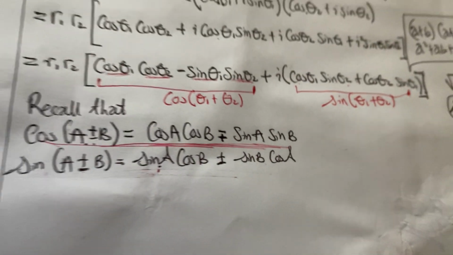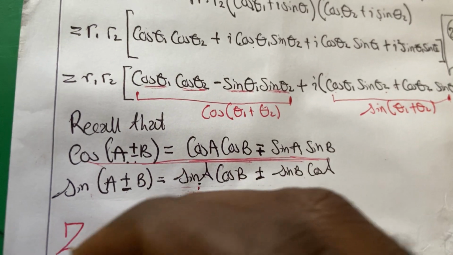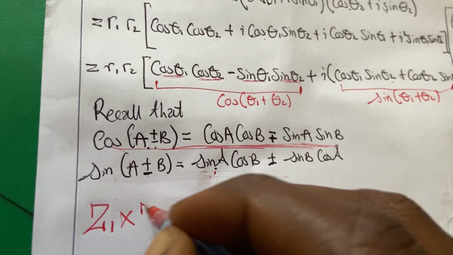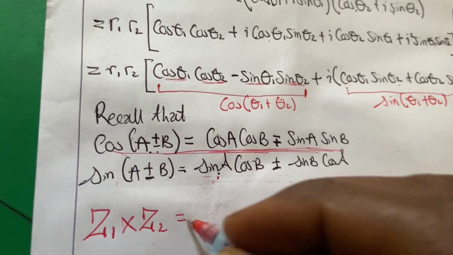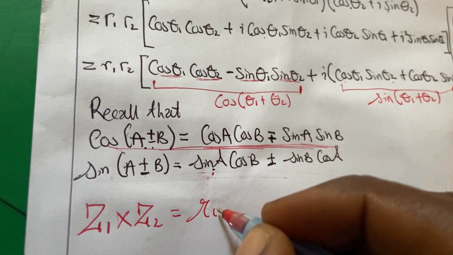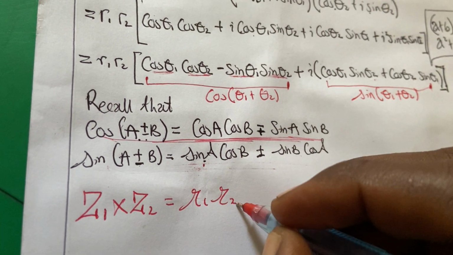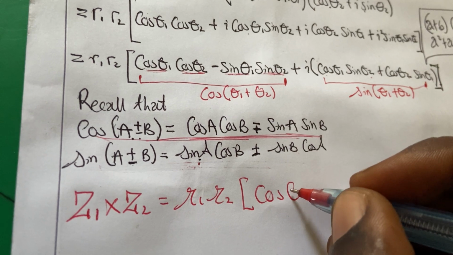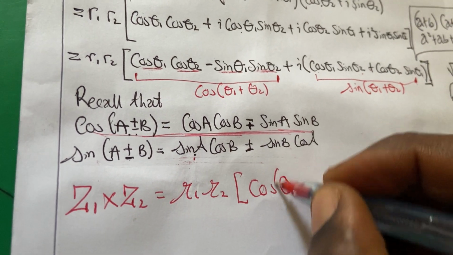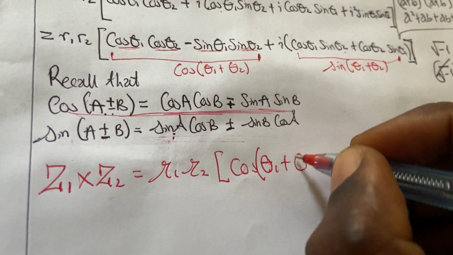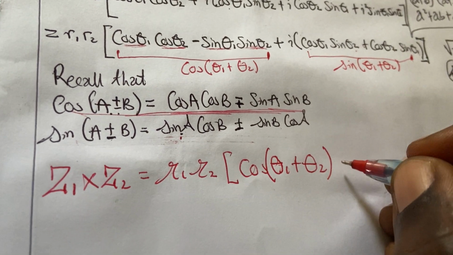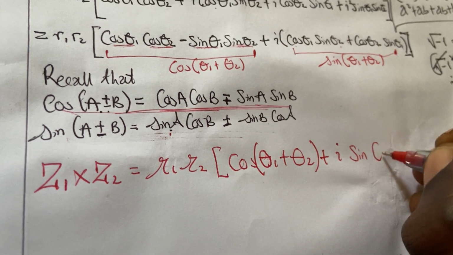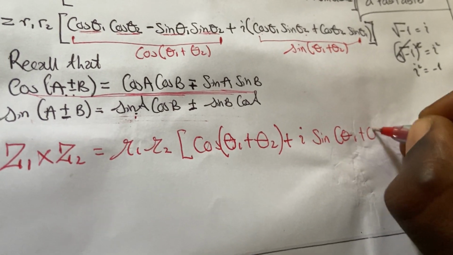So having said this, it means that Z1 times Z2 equals R1 R2 cos theta 1 plus theta 2 plus I sine theta 1 plus theta 2.